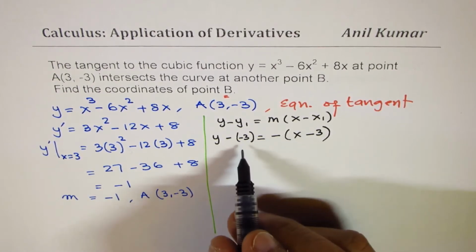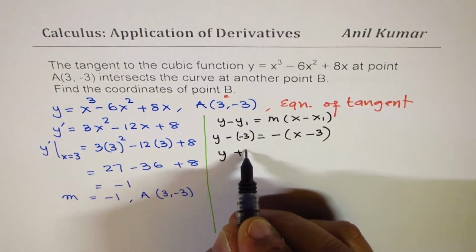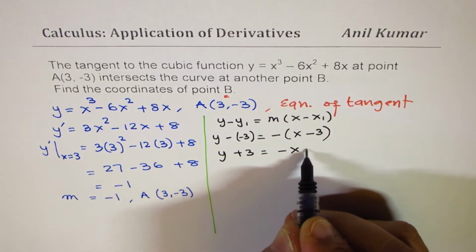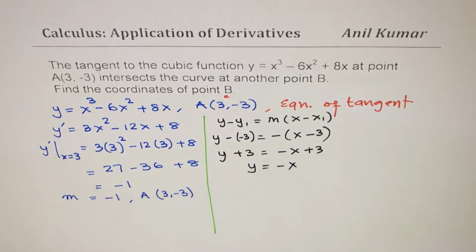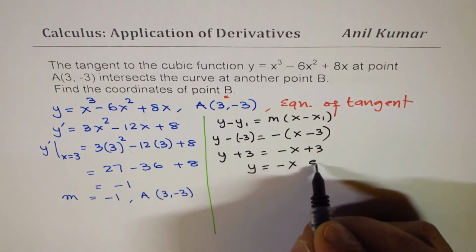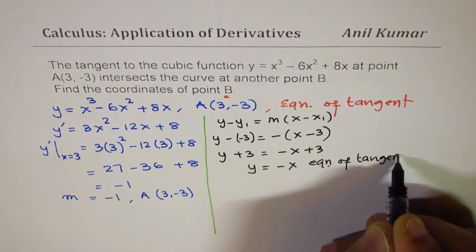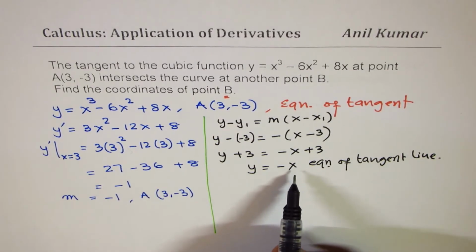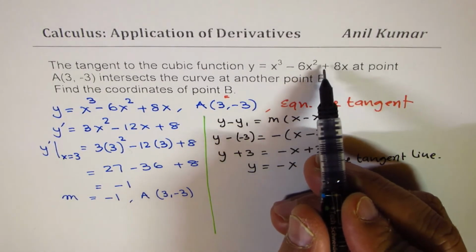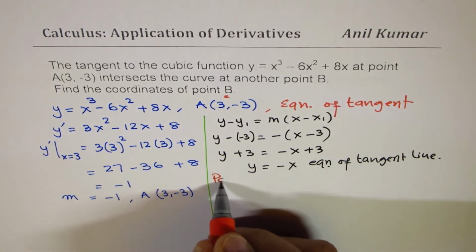Now we can bring all the terms together to get the equation, or we can actually write y plus 3 equals minus x plus 3. That really gave us y equals minus x as our line, right? So this is the equation of tangent line. What we need to find is intersection of this with the curve at point B, right? So now let's find the point of intersection.